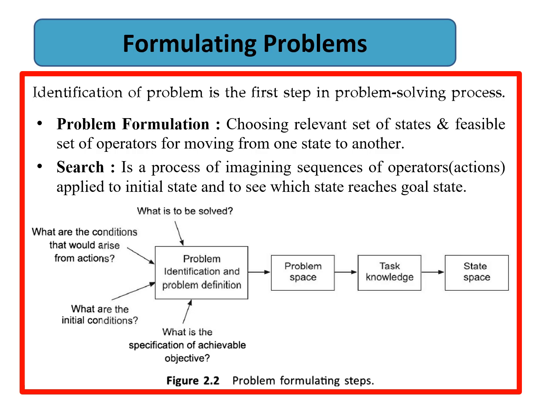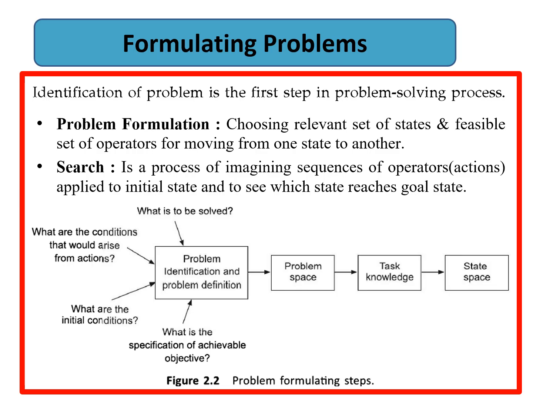Next is task knowledge. It refers to the domain-specific knowledge required to solve the problem efficiently. For finding a route, it is the map; for medical diagnosis, symptoms, diseases, and medical rules are used to identify what type of disease it can be. It helps the AI make intelligent decisions and avoid unnecessary searching. The final block is state space.